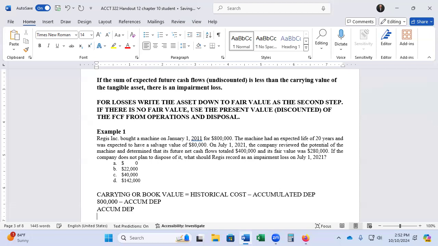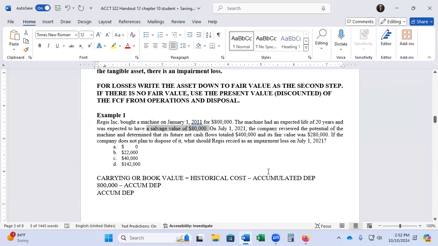For the accumulated depreciation, it says we had a salvage value of 80,000. We have to assume here that they're going to use straight line. Unfortunately, it doesn't tell you, and usually they should. So we're going to use straight line.